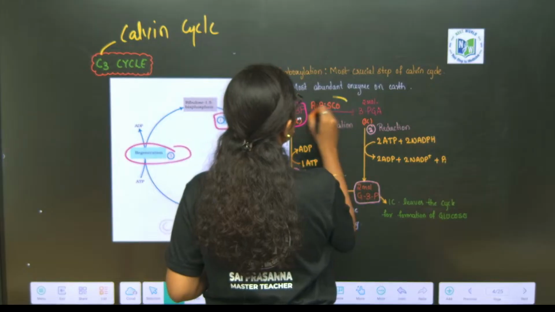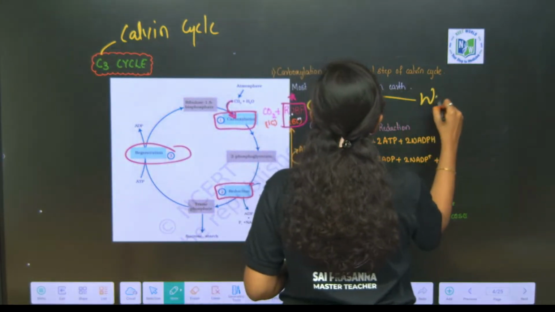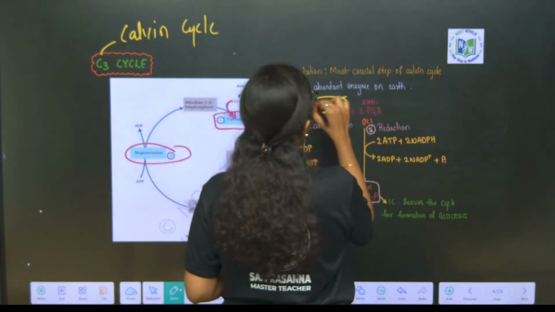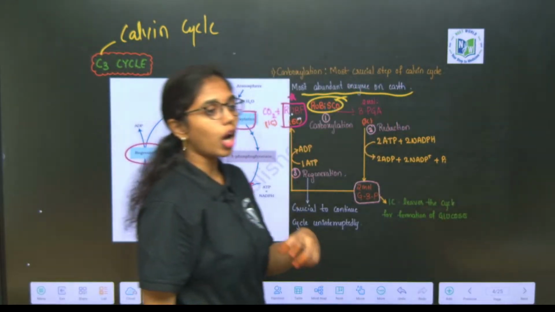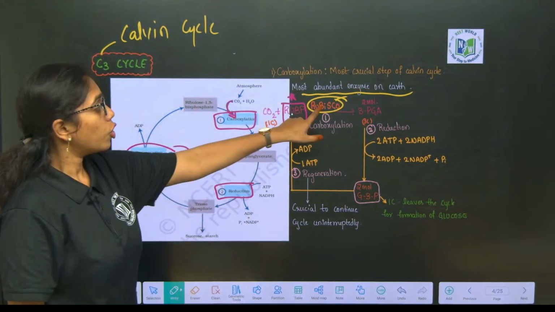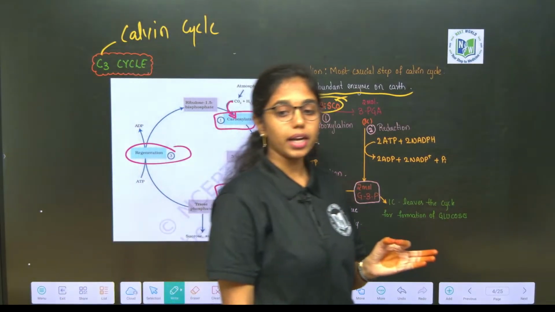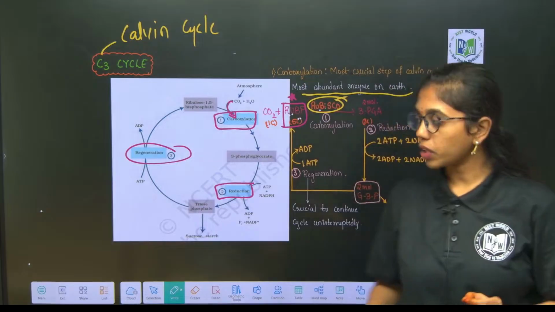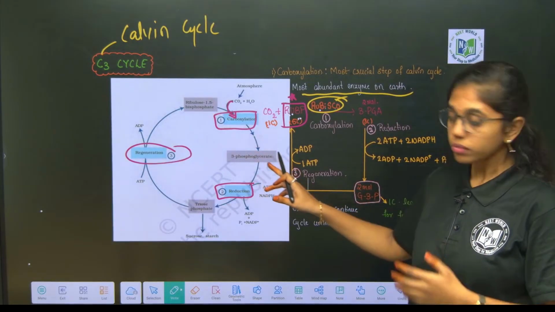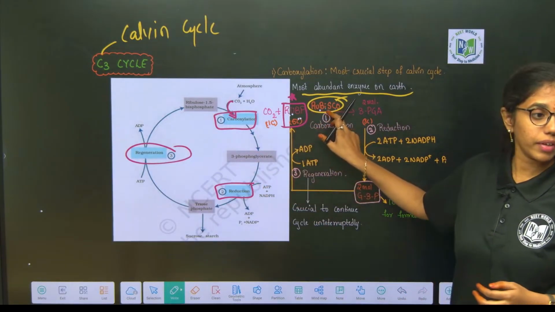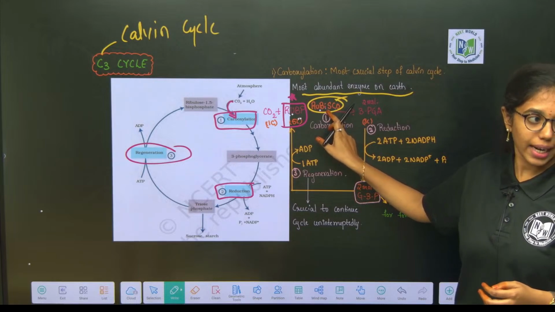This RuBisCO is the world's most abundant enzyme. Okay, RuBisCO is what? Here I wrote, most abundant enzyme on earth. RuBisCO has equal affinity to bind with carbon dioxide and oxygen.